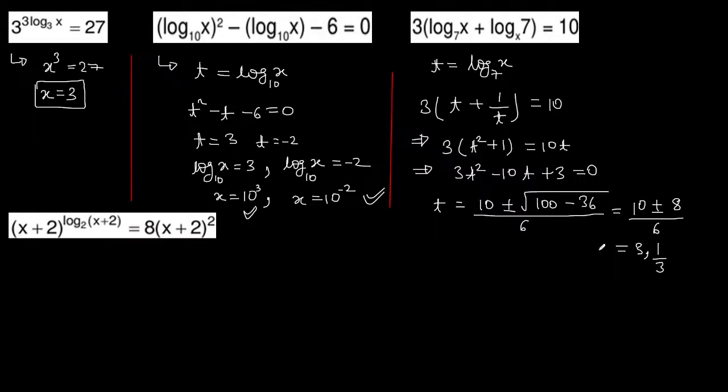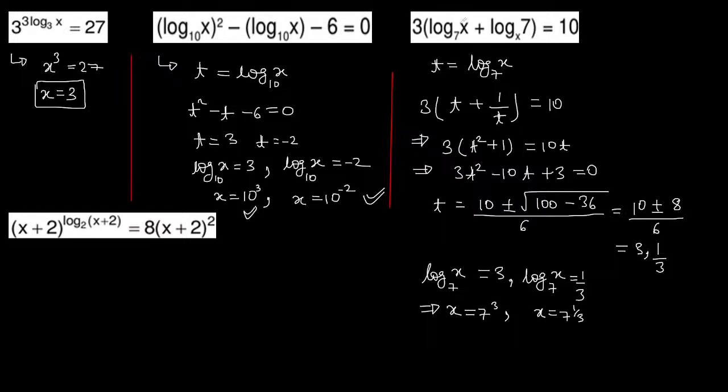Which is nothing but 3, 1 by 3. So we can say that log x base 7 is 3, log x base 7 is 1 by 3. From here we can say that x is equal to 7 cube, x is equal to 7 to the power 1 by 3.